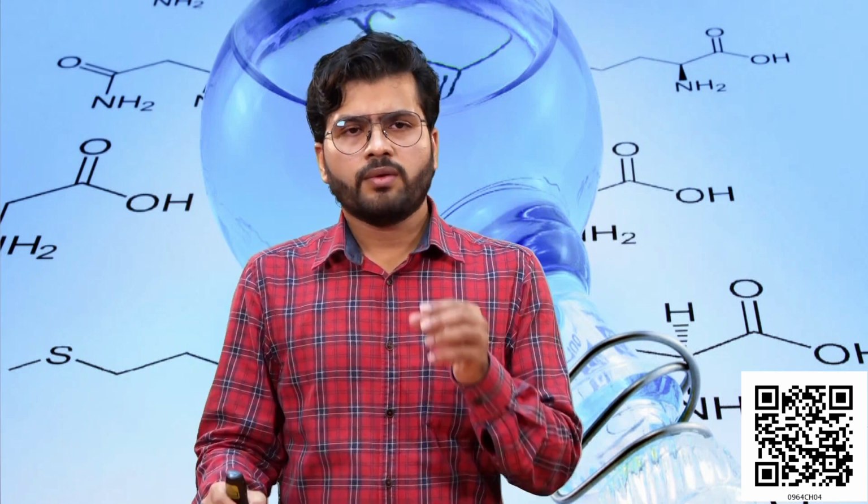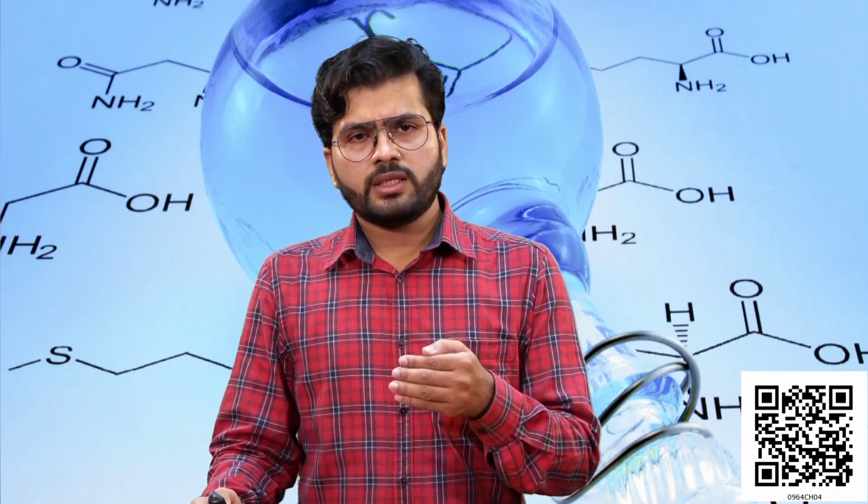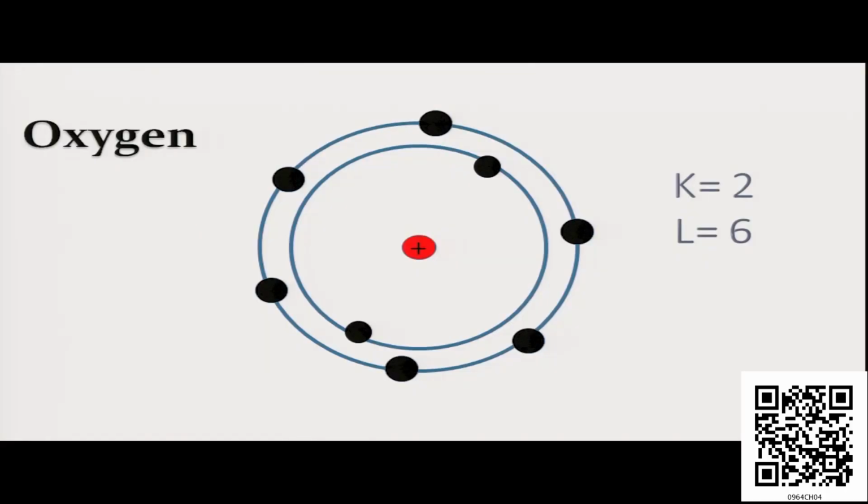Another way we can calculate it: if the number of electrons in the outermost shell is more than 4, you can simply subtract that number of valence shell electrons from 8. For example, in oxygen, 8 minus 6 is 2, so the valency of oxygen is 2. Anywhere you see the outermost shell contains 1 electron, the valency will be 1.